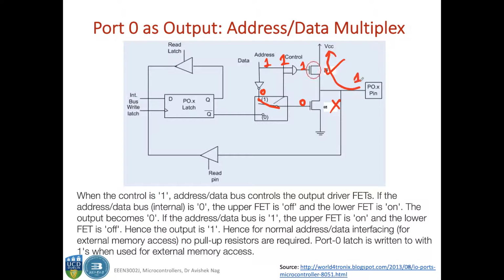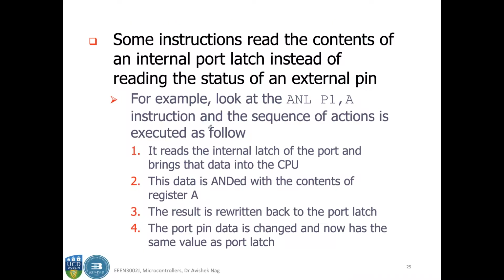So this is at a logic 1, and this logic 1 can be read here. Whatever is the value of this pin can be read here, and this pin is data or address based on whether ALE is 0 or 1. So this is how port 0 can be used as address data multiplex.